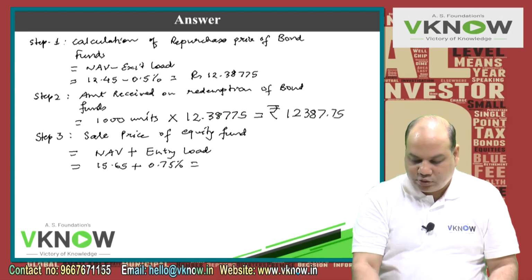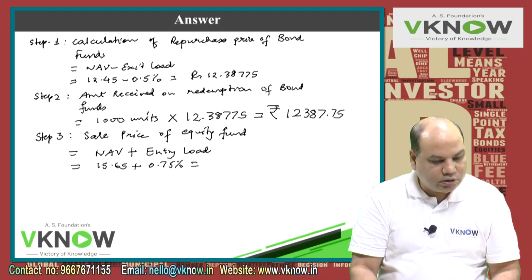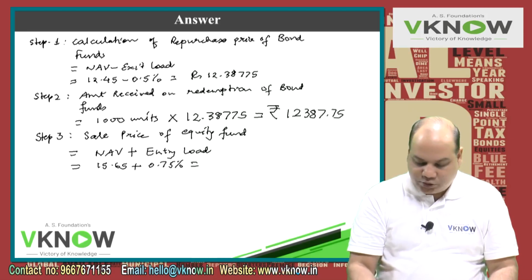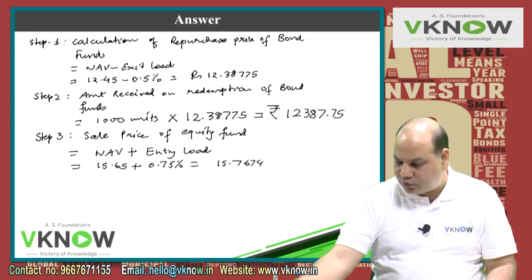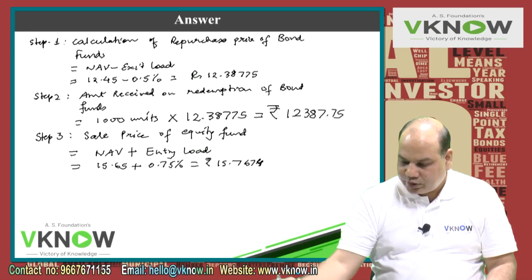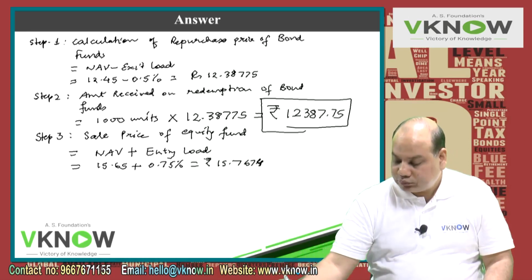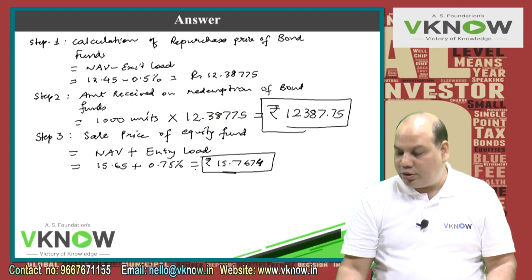So type 15.65 plus 0.75%. So you are getting 15.7674. You can round off in 4 digits rupees. Now listen to me. This is the amount you have. This is the sale price per unit.